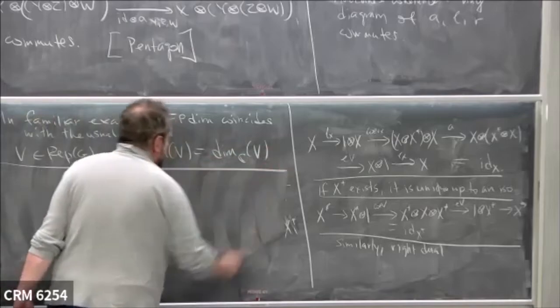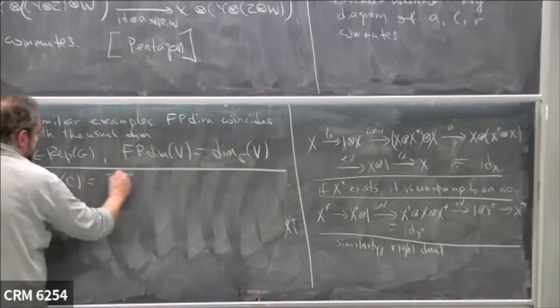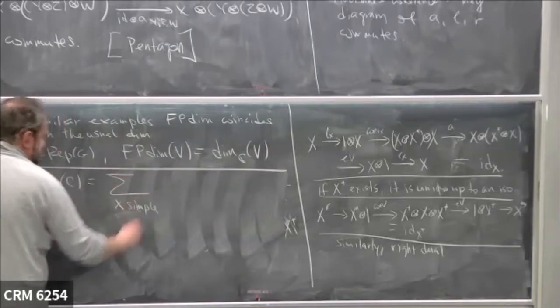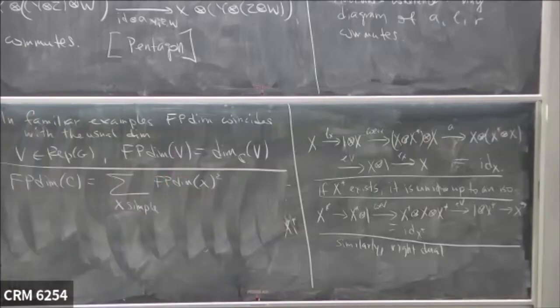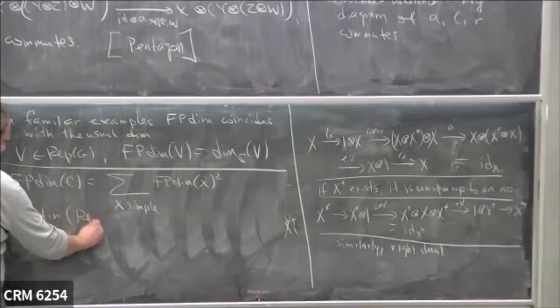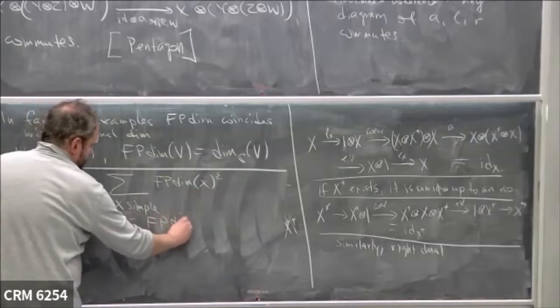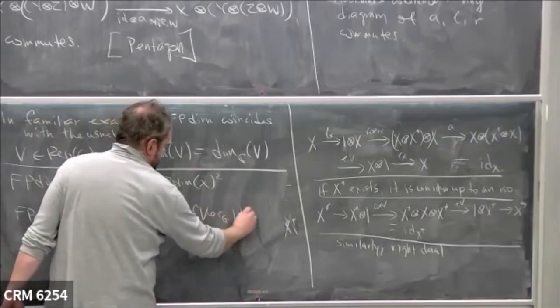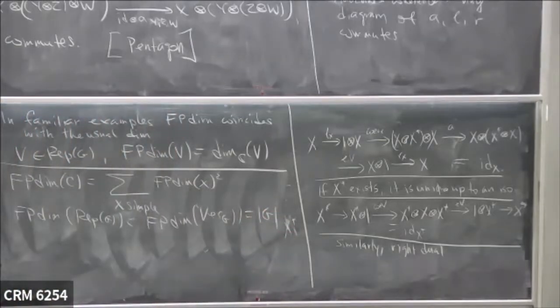One can also use this dimension to introduce the dimension of the whole category. We set the Frobenius-Perron dimension of a fusion category to be a summation over simple objects of the squared Frobenius-Perron dimensions. Again, as one would expect, for representations of G or G-graded vector spaces, one gets what is expected, an integer equal to the order of the group.